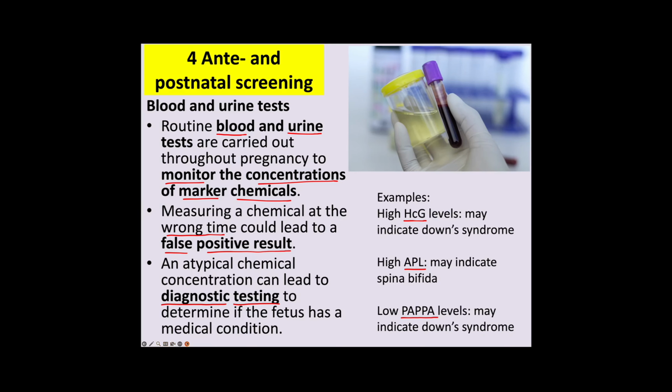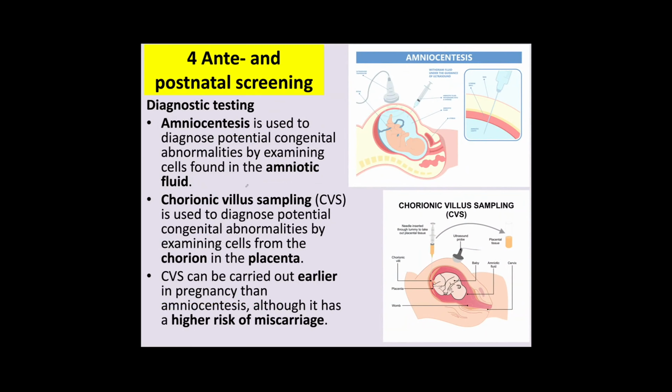And there are a number of different diagnostic tests that they use. The two that you need to know about for your exam are amniocentesis. And that is one where they place a needle into the amniotic fluid. That's the fluid that surrounds the developing fetus. And they extract some of that amniotic fluid, which will contain some of the fetus's cells.